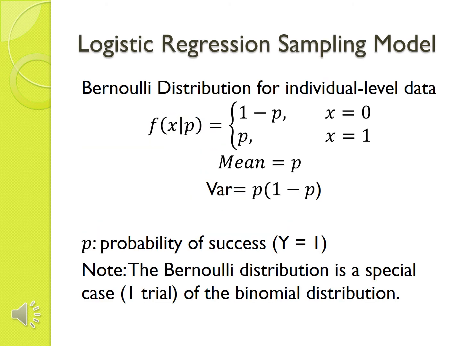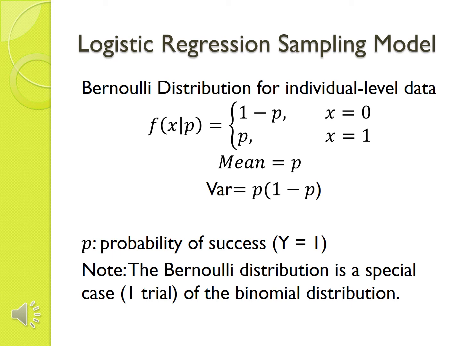I want to talk briefly about something that you should have been exposed to at some point, and that's the logistic regression sampling model. It's a Bernoulli distribution. You might have talked about a binomial distribution in class. I know some students have this in class right now. The Bernoulli distribution is a special case of the binomial distribution, and it's really the only one that we will be dealing with here.